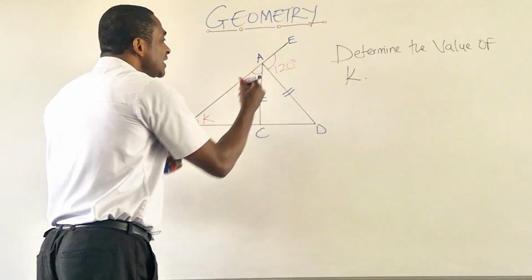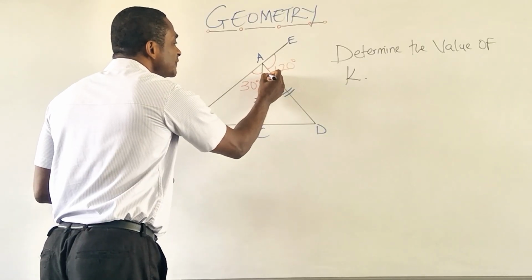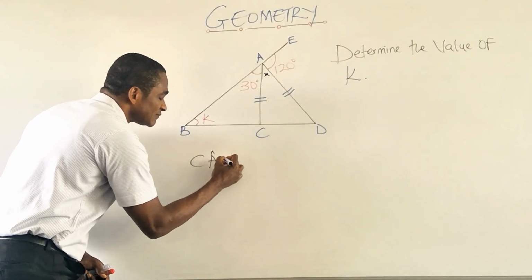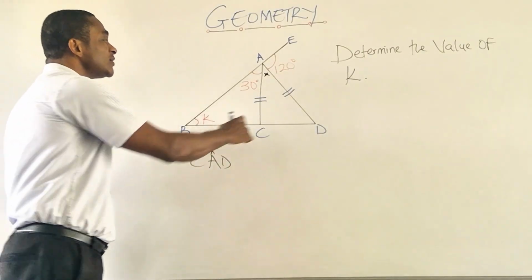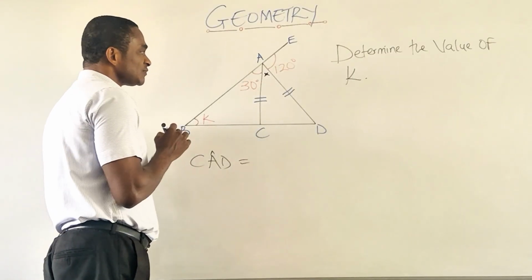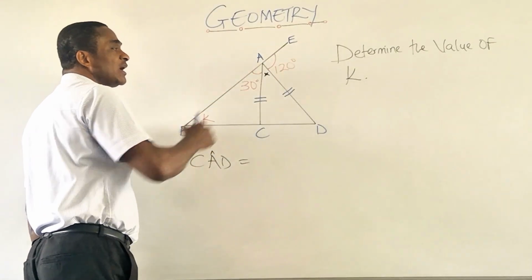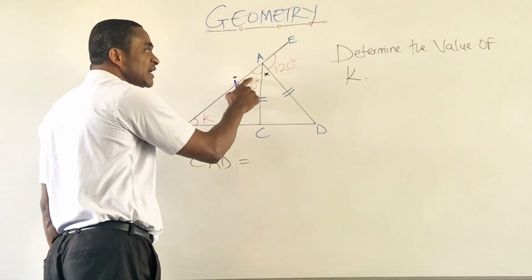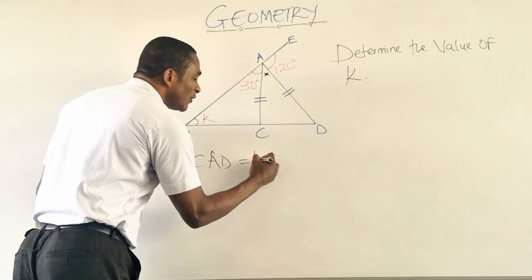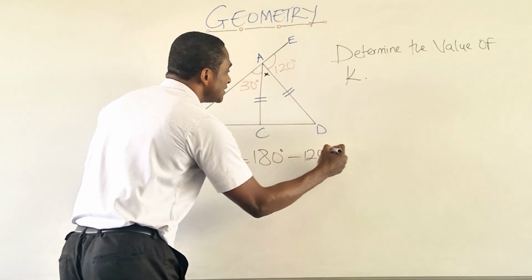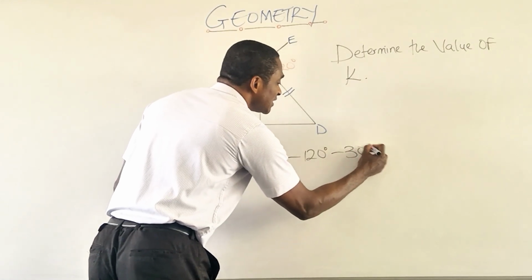This angle here is the first thing we should work for, and we call that angle CAD. So angle CAD, which is this angle, will be equal to angles on a straight line at a point, which is equal to 180. We've gotten 30, we've gotten 120, so we will have 180 degrees minus 120 degrees minus 30 degrees.